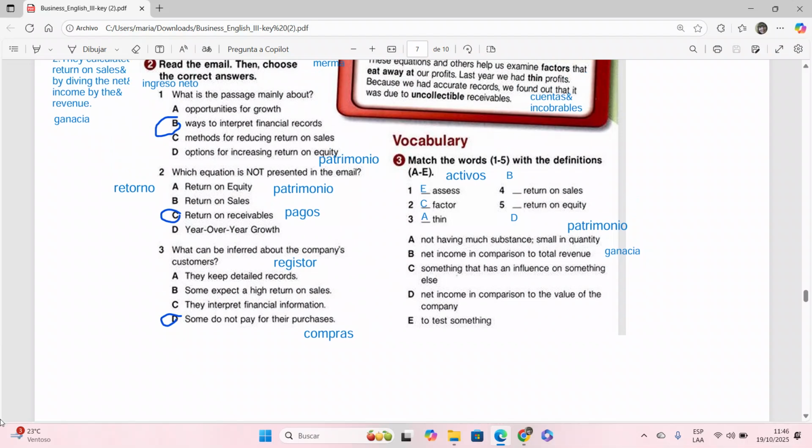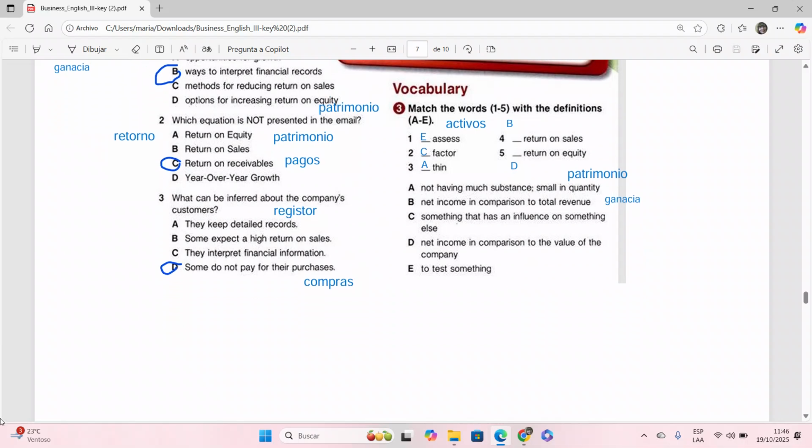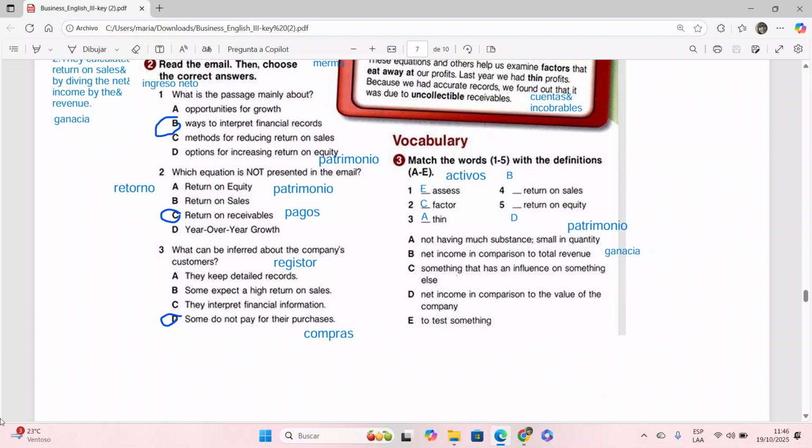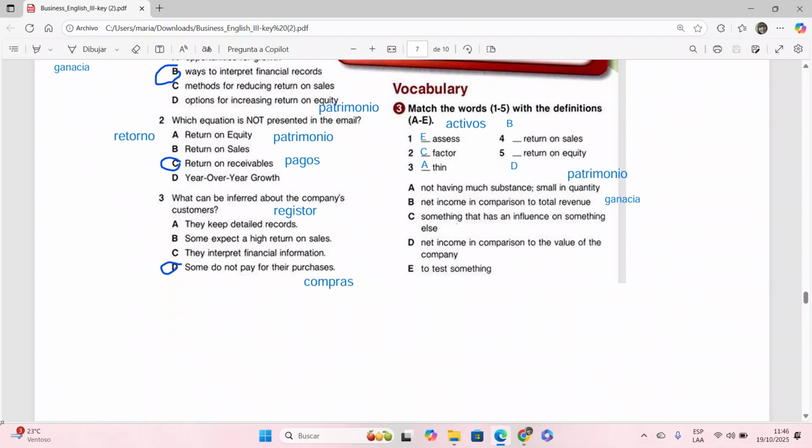3. Match the words from 1 to 5 with the definitions from A to E. 1. E. To test something. Assess. 2. C. Something that has an influence on something else. Factor. 3. A. Not having much substance, small in quantity.